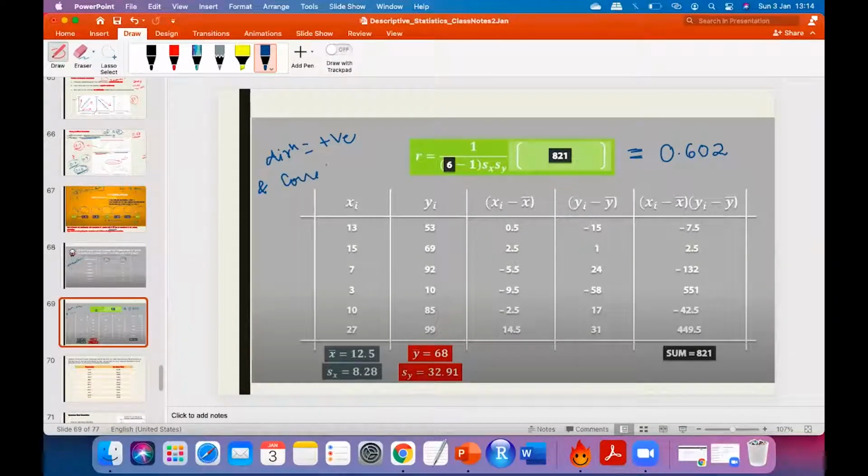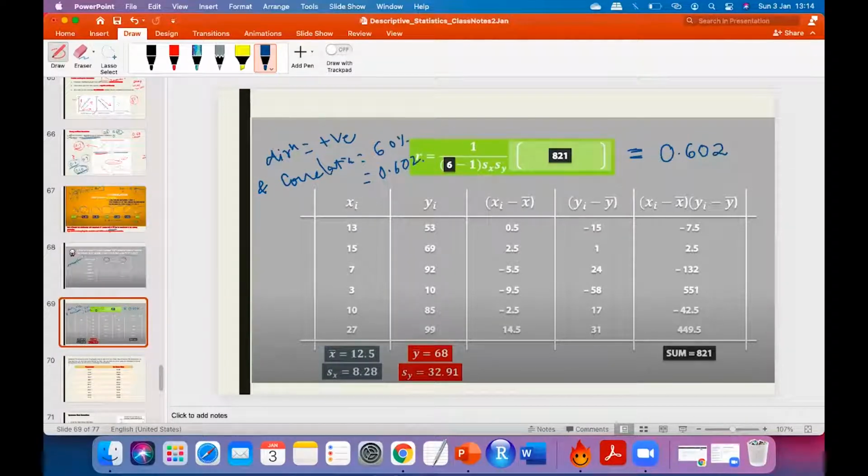I would suggest one thing, a slight correction. If someone is just giving you two variables, don't say strong or weak, just give them the value. Say 60% correlation, or the correlation coefficient is 0.602. Strong or weak is all relative.